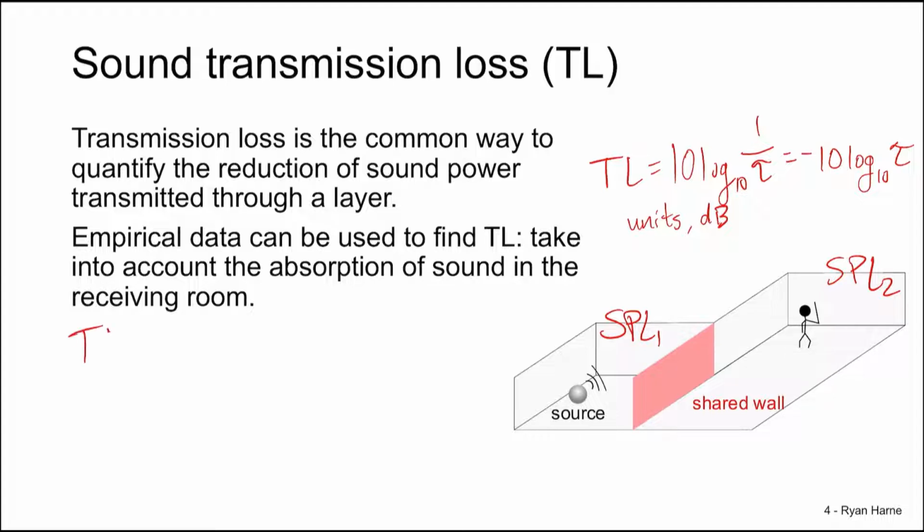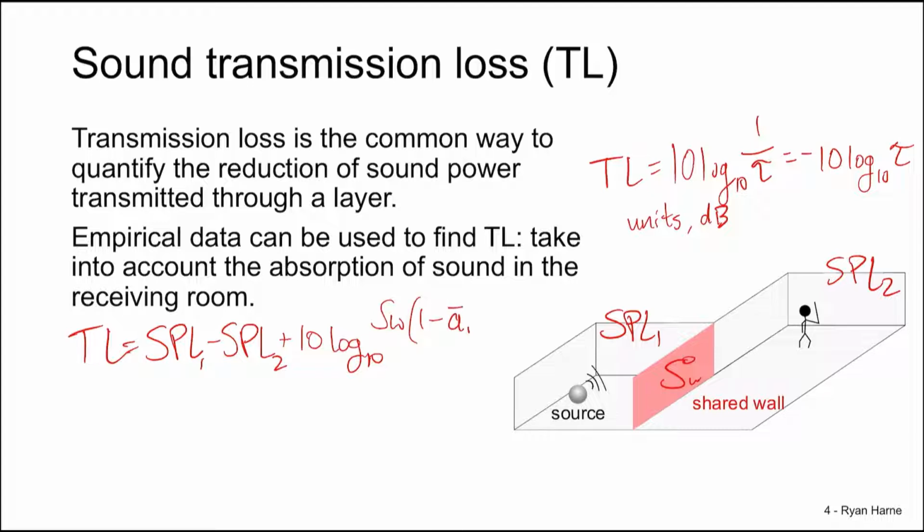It is equal to SPL1 minus SPL2 plus a correction, 10 log 10 of SW, the shared wall area, multiplied by 1 minus A bar R, which is the composite total absorption coefficient for the receiving room. This can be measured empirically as well.